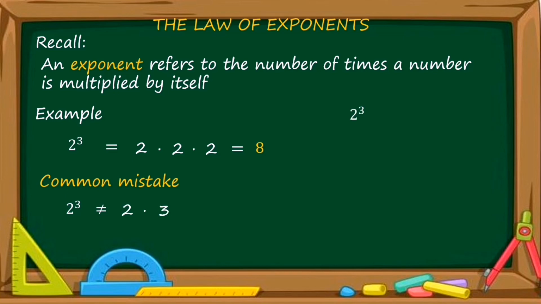In 2 raised to 3, 2 is the base, the number to be multiplied by itself, and 3 is the exponent, which tells us how many times we are going to multiply the base.